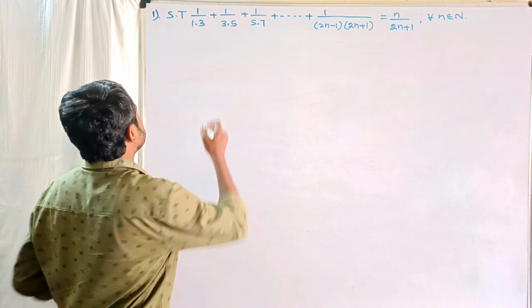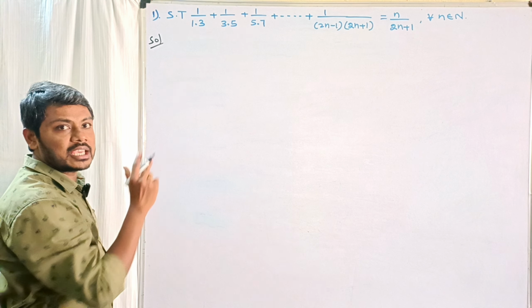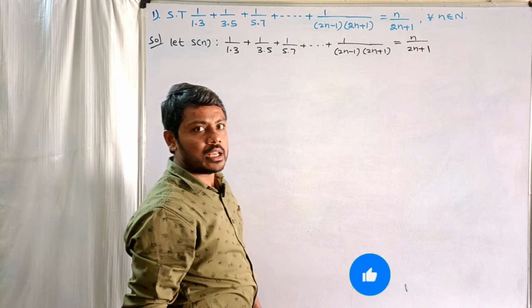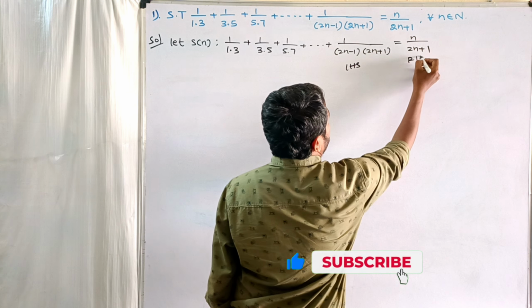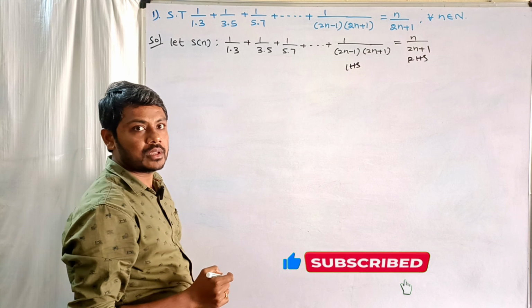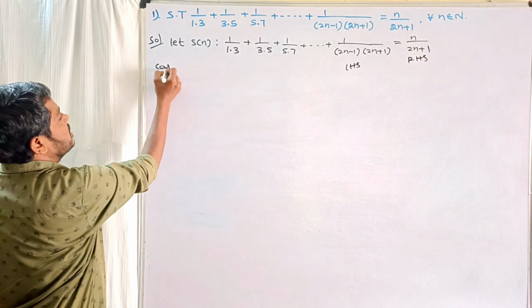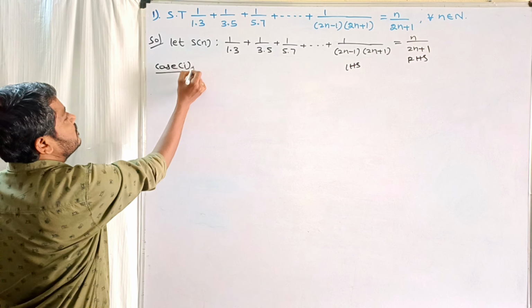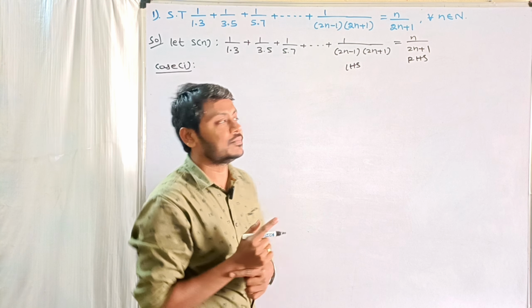So here first, let S(n) be the given statement. Clearly, which is LHS and which is RHS. So first, case 1. Here in case 1, you prove for n is equals to 1.